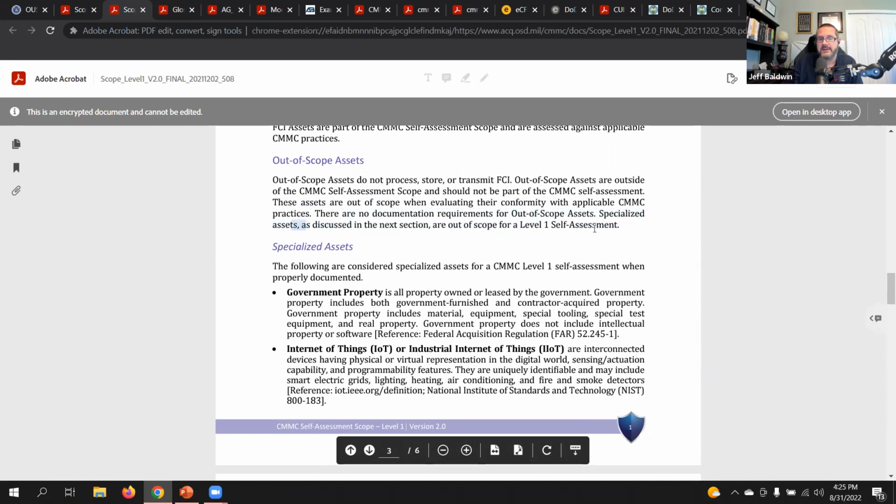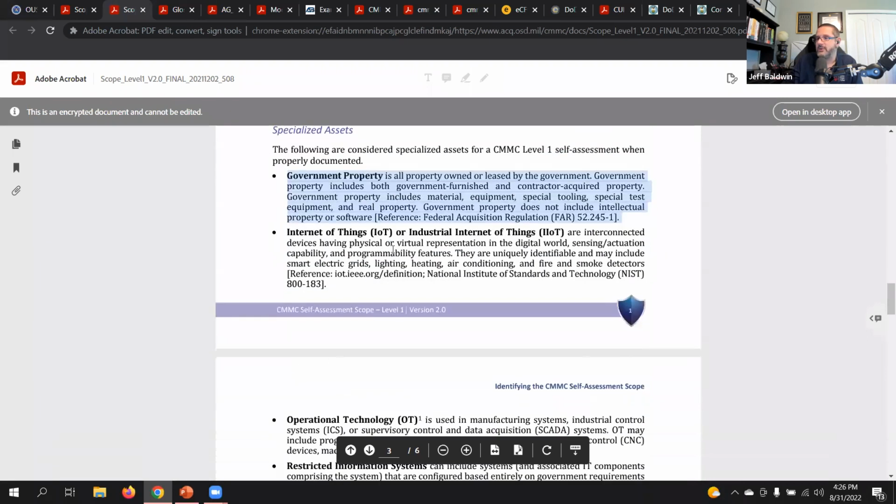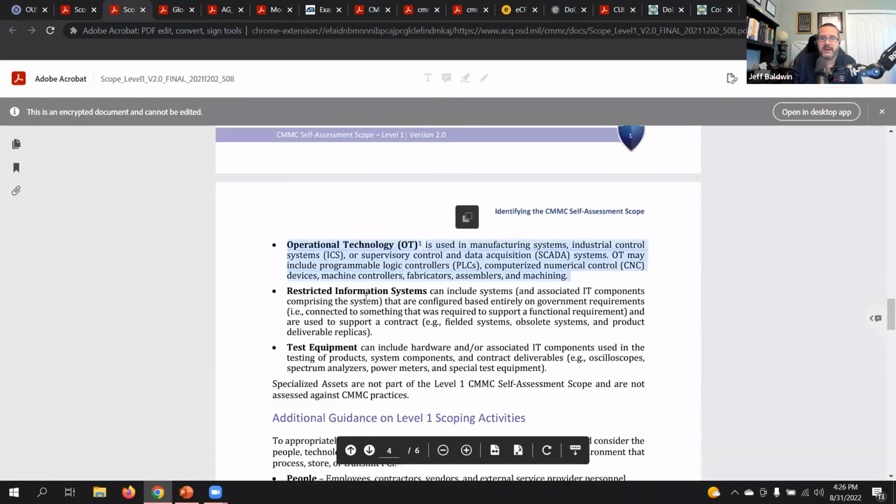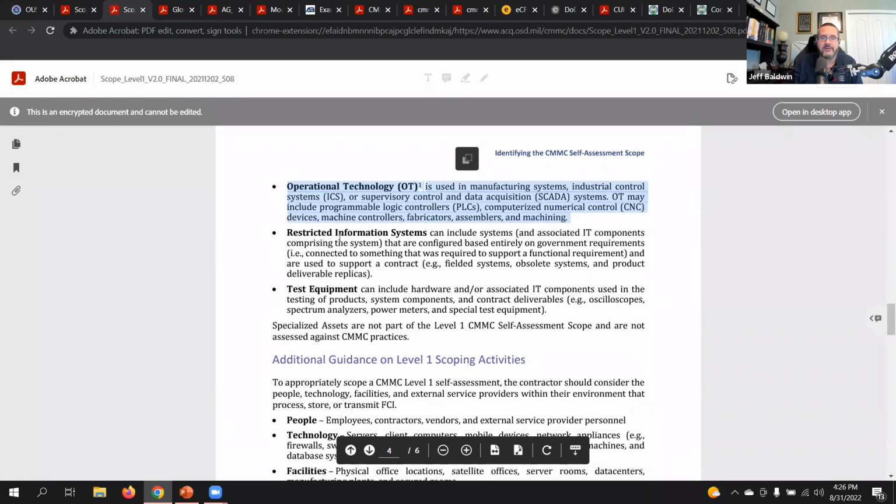And then specialized assets, as discussed in the next chunk, are out of scope for Level 1 assessment. So specialized assets are government property, GFE (government furnished equipment), government systems, IoT, industrial IoT, operational technologies, SCADA, ICS, PLC, CNC machines, all that restricted.